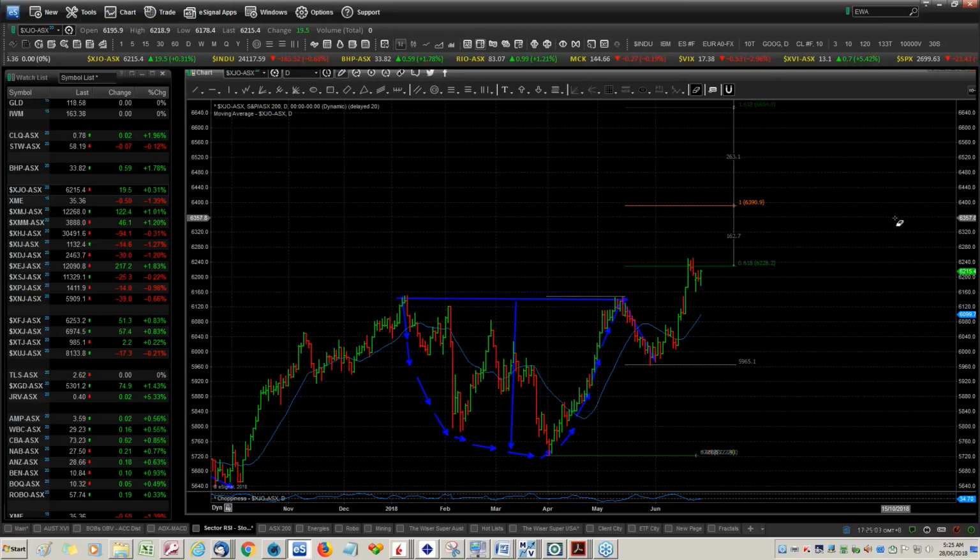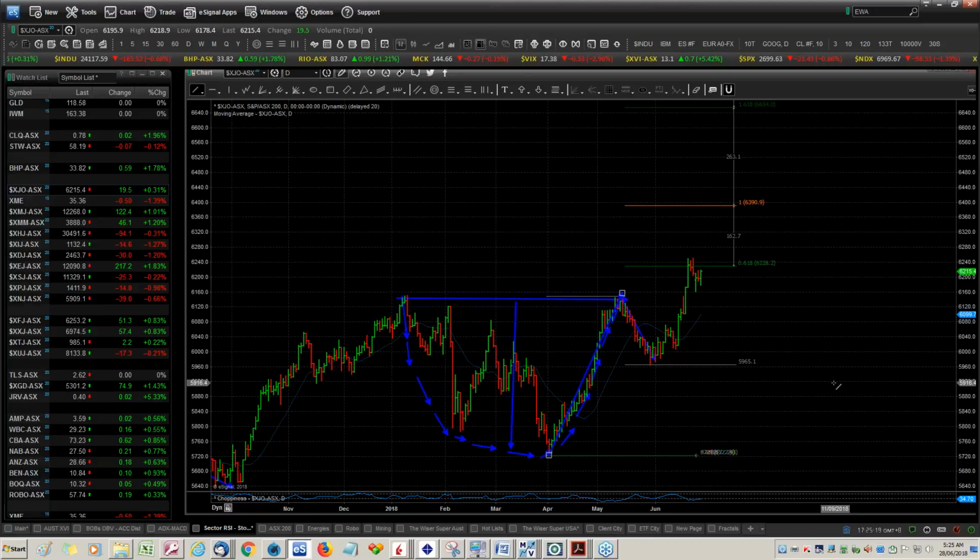The forecast that I have on screen is based on what I've done previously, the range from April to May. Then I've grabbed that range and marked it up, and that's where the 0.618 and the 100 levels are.